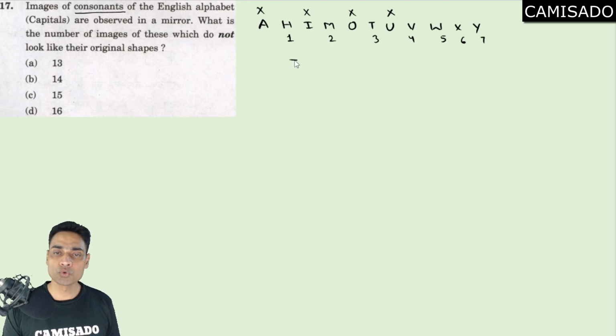Now total consonants in the alphabet are 21. Out of these 7 have the same mirror images, so the remaining is 14. The correct option will be B, 14. Fine.